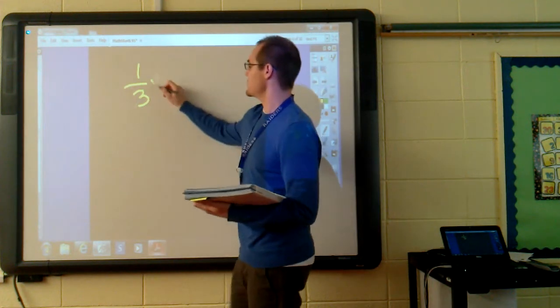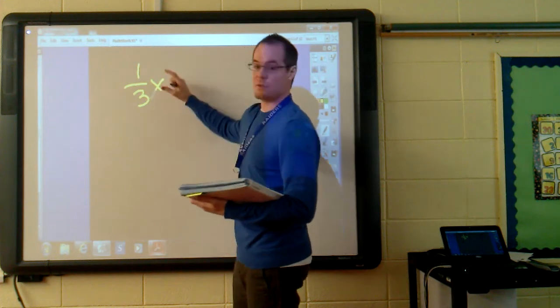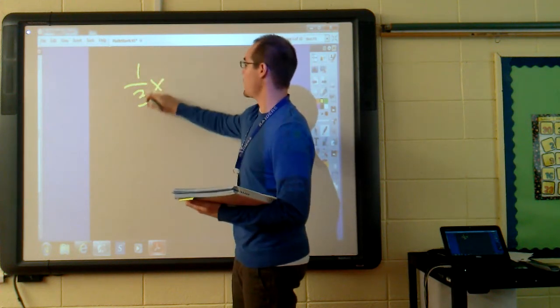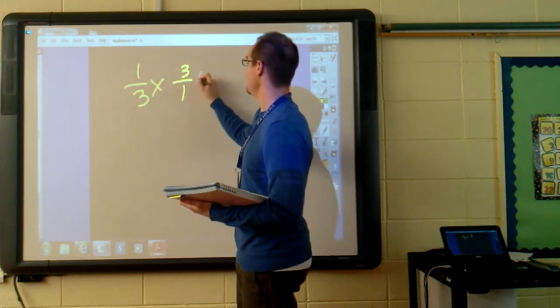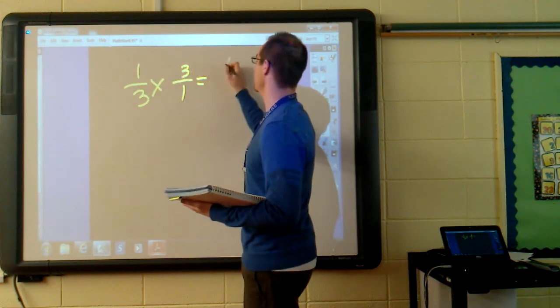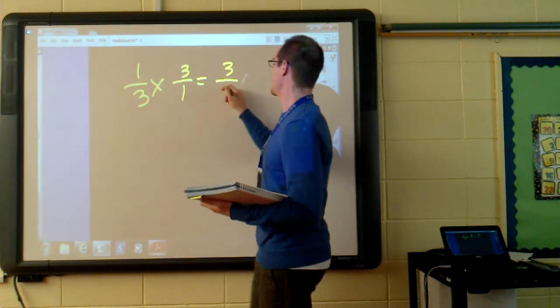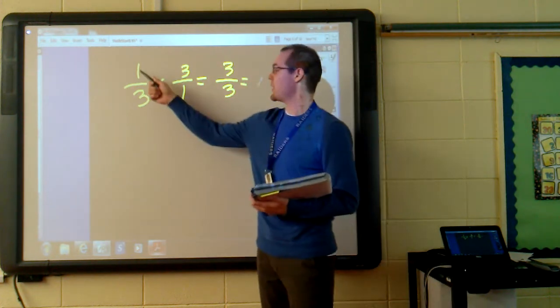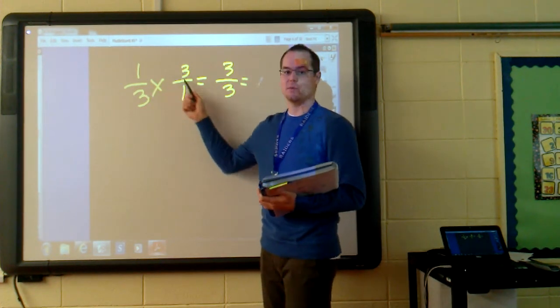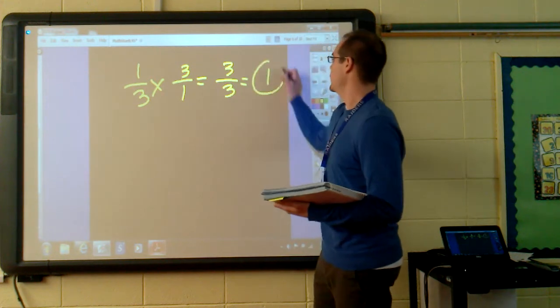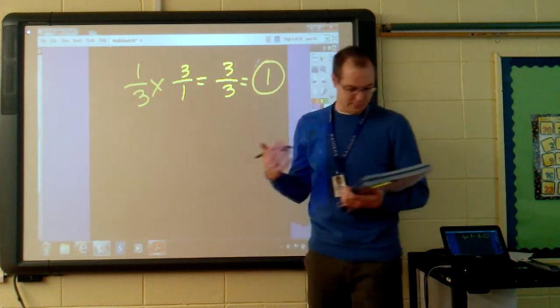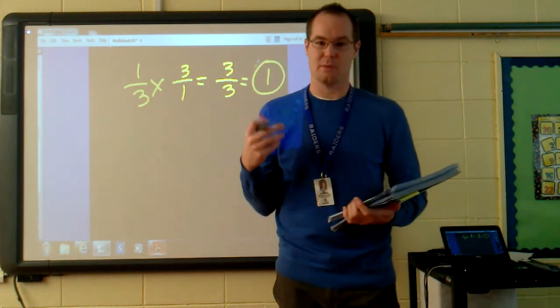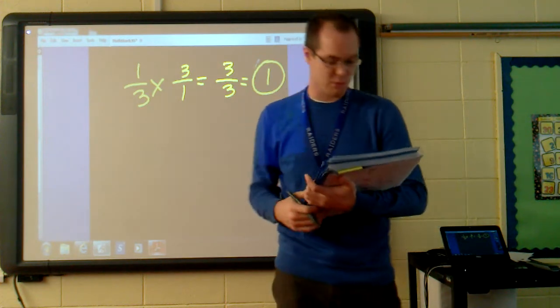First let's just multiply it by its reciprocal. We'll invert the fraction 1/3, and we'll get 3 over 1. We'll multiply 1 times 3 and get 3, 3 times 1 and get 3. The answer to the fraction 1/3 multiplied by its reciprocal is 1, which it will be for the product of every fraction and its reciprocal.